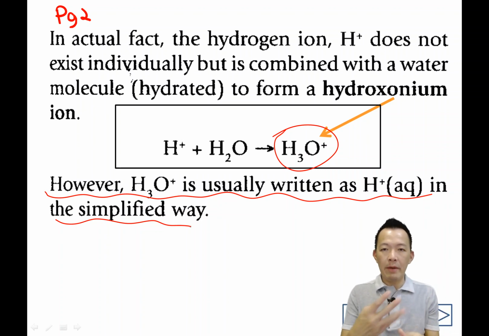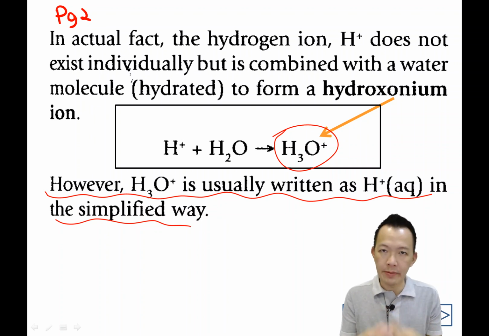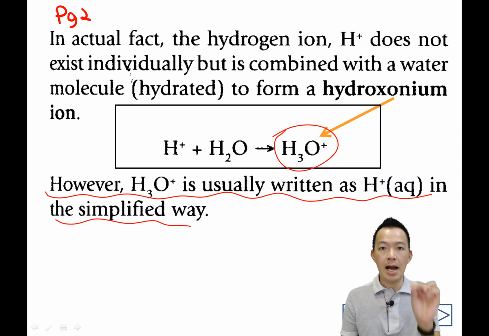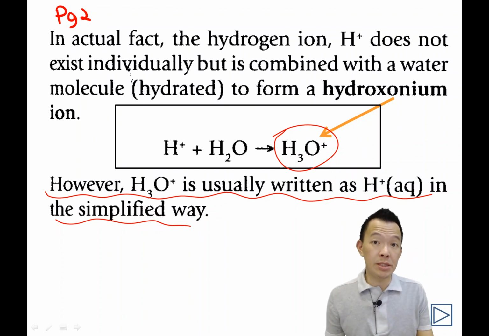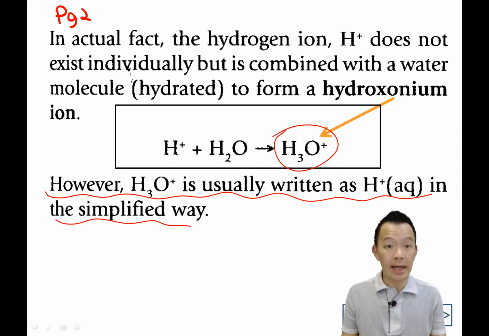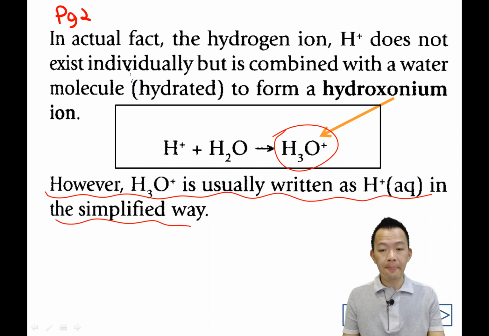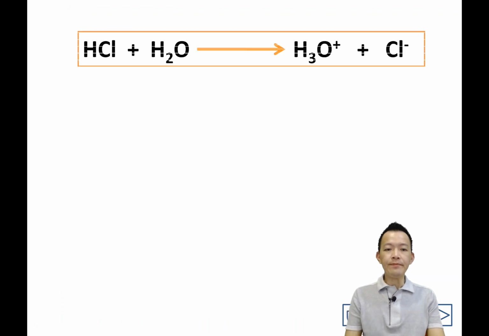It is troublesome to talk about hydronium ion, so we just call the hydronium ion hydrogen ion. Generally we only call it hydrogen ion, though actually it becomes a hydronium ion, understand? So nothing to worry about.